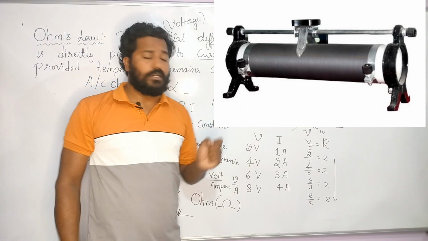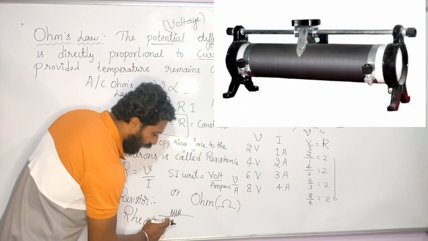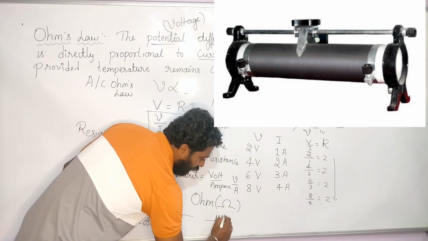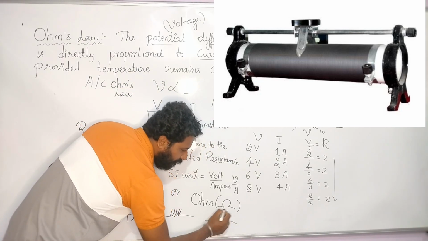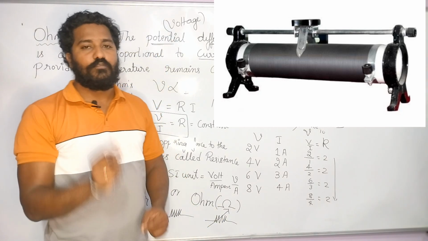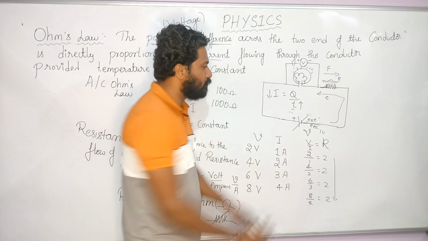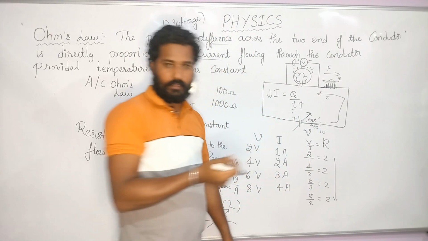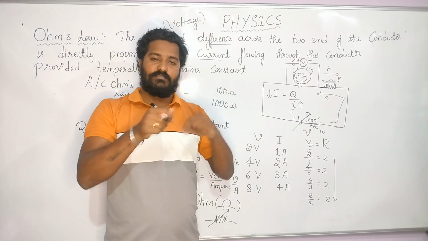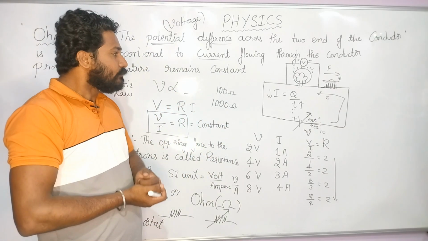What is the symbol of the rheostat? See, I have given the resistor symbol like this. The rheostat symbol is like this: you are going to give one arrow mark. This arrow mark says that we can vary it. It is not constant. I can vary it as much as I want.